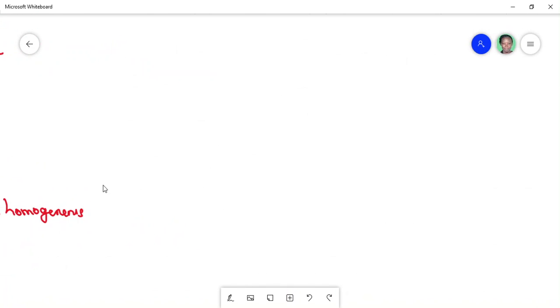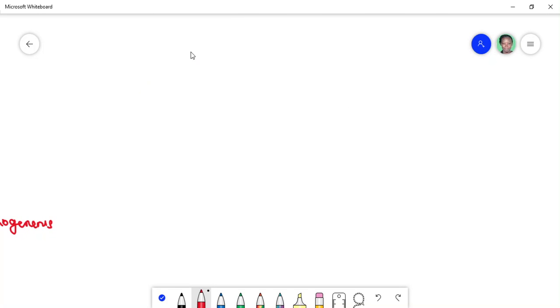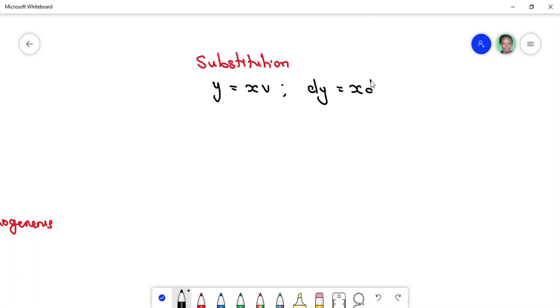We are saying that y is equal to xv, and dy is going to be equal to x dv plus v dx. So this is what we are using.